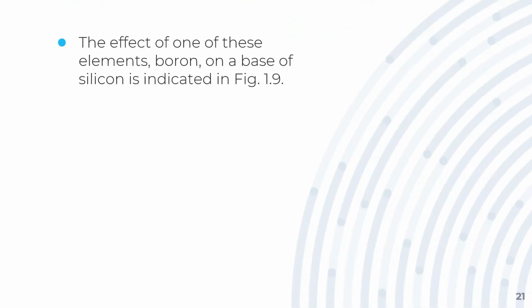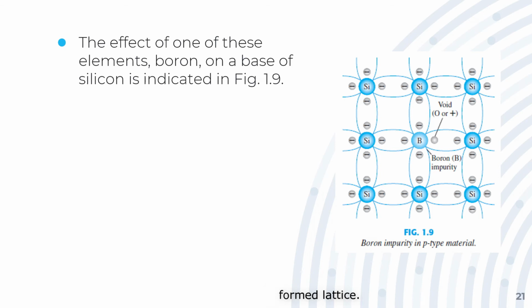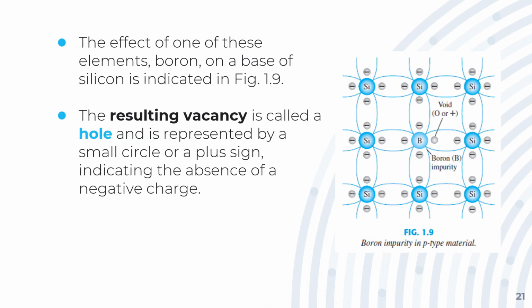The effect of one of these elements, boron, on the base of silicon is indicated in figure 1.9. Note that there is now an insufficient number of electrons to complete the covalent bonds of the newly formed lattice. The resulting vacancy is called a hole and is represented by a small circle or a plus sign indicating the absence of a negative charge.